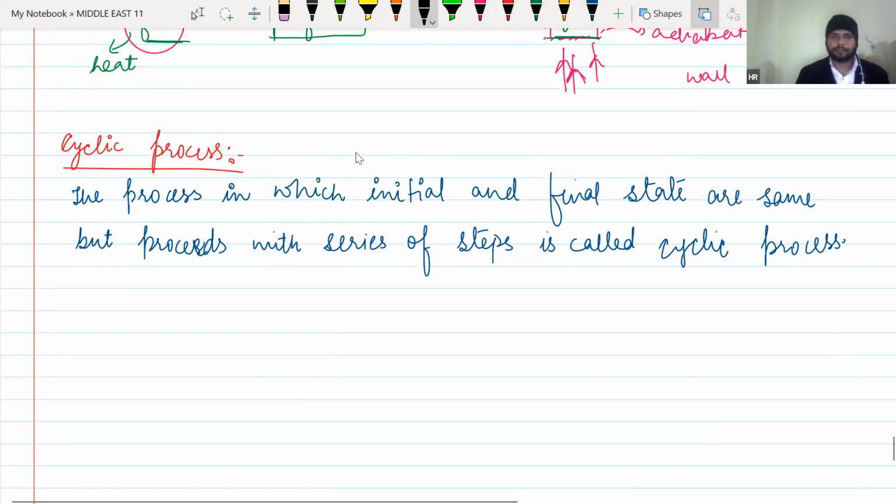I already told you that the initial and final state are same. That process is known as a cyclic process. Let me know if you are done with this, then I will explain it.